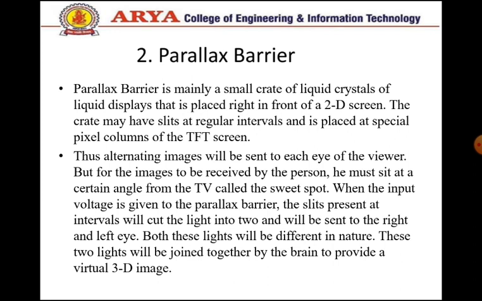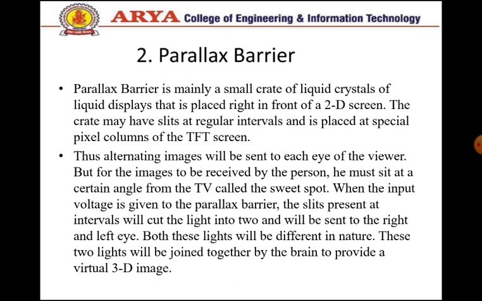Thus, alternating images will be sent to each eye of the viewer. But to receive the images, the person must sit at a certain angle from the TV called the sweet spot. When the image voltage is given to the parallax barrier, the slits present at the intervals will cut the light into two and send it to the right and left eye.